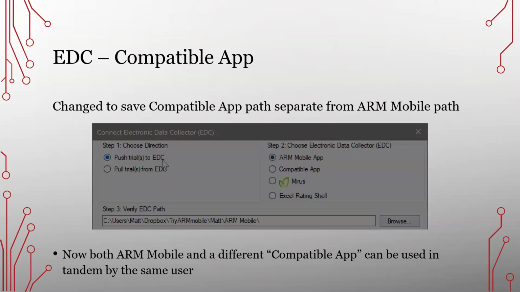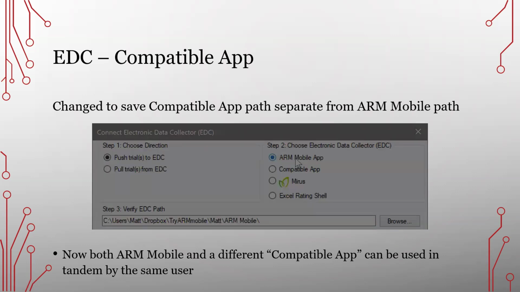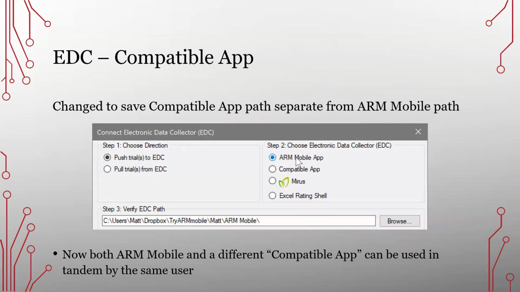The change here this year was so that you can have two separate paths. Previously, it was always the same one in memory. You couldn't pick two different locations. So now if you are using ARM Mobile for some assessments, and then maybe you're using one of those other applications for different types of assessments or different types of trials, you can set up two different folder paths, and work with those two different applications without having to constantly be changing those paths.